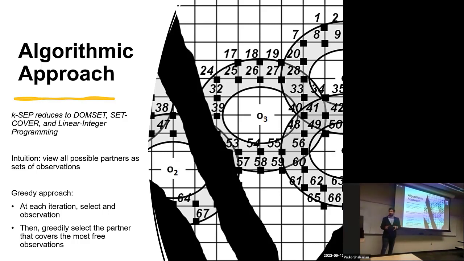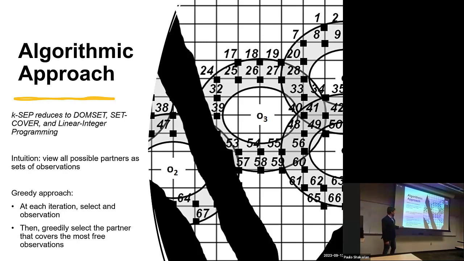We treat the observations as subsets of the hypotheses in this case, because we say set O is associated with everything within those distances, set O2 is just associated with these two here, and so forth. So to find a set of a certain size, we can directly use combinatorial algorithms. In the paper we came up with some clever ways, based on the structure of the space, to gain further efficiencies.